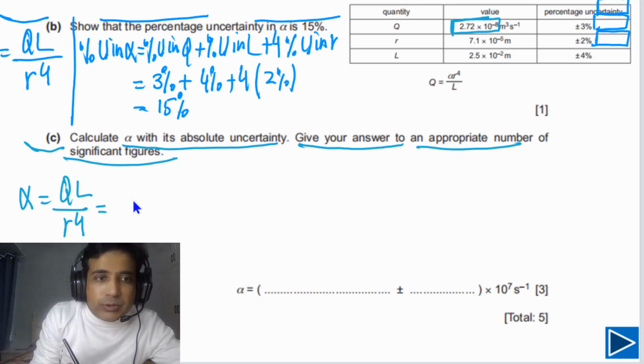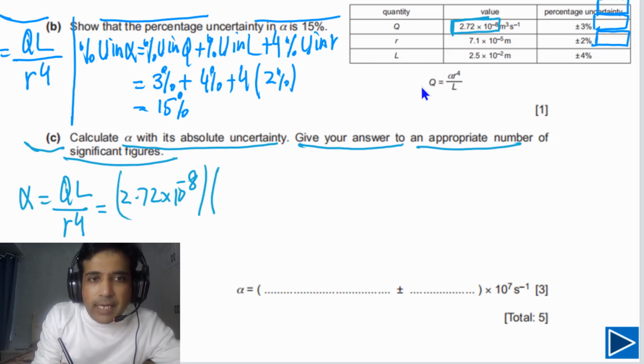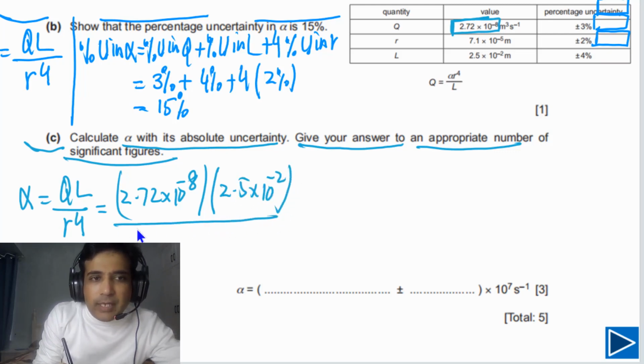In this case, Q is given, that is equal to 2.72 times 10 to negative 8, and the value of L is given, that is equal to 2.5 times 10 to minus 2, and the value of R is given, that is equal to 7.1 times 10 to minus 5, but the power of R is 4.